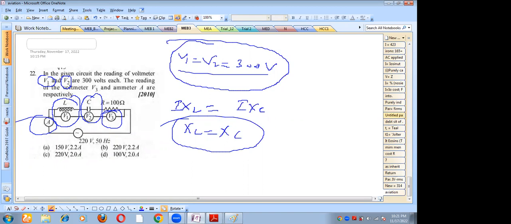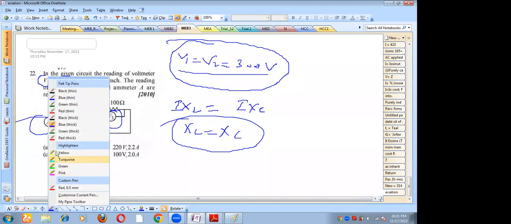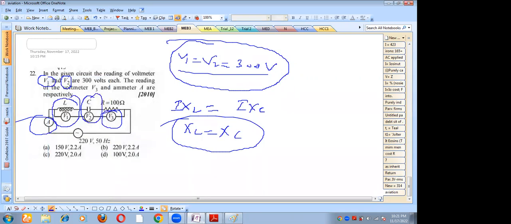We know that inductor and capacitor are in opposite phase, so their voltages cancel out. Generally in a resonance circuit, because of the opposite phase of inductor and capacitor, their voltages get cancelled out and all the voltage appears across the resistor.